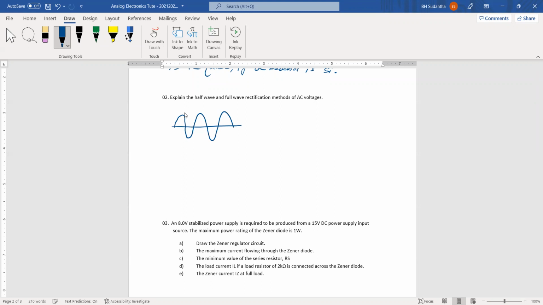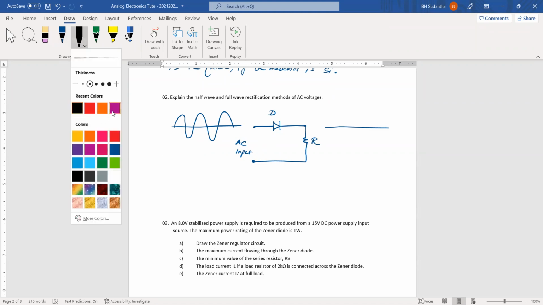And this is the AC voltage we can give. And then through the diode, you know that only the positive half cycles can go to the other side.